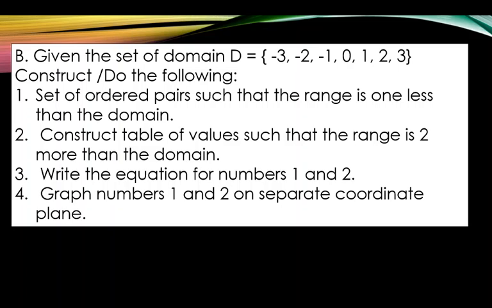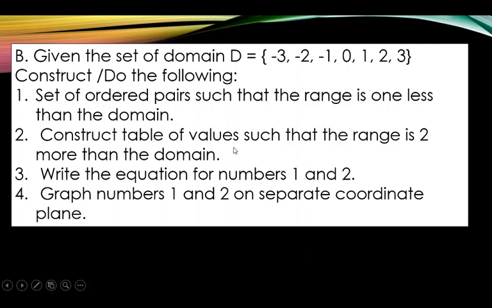And for our letter B, so given the set of the domain, we have, ito yung mga domain na ipe-pair nyo. Negative 3, negative 2, negative 1, 0, 1, 2, 3. So, number 1, construct the set of ordered pairs such that, okay, ko-construct kayo ng ordered pairs na dapat daw ang range is 1 less than the domain. So, yung range na ipapartner nyo ay mas mababa ng isa sa domain.